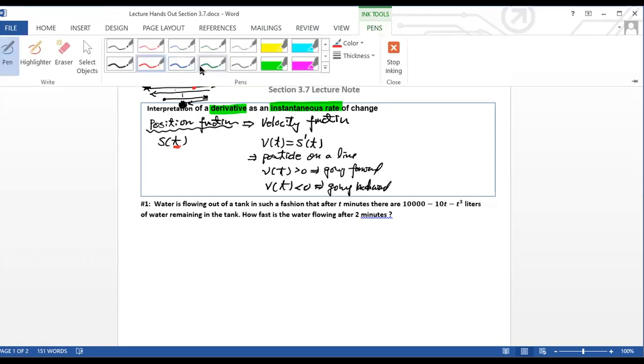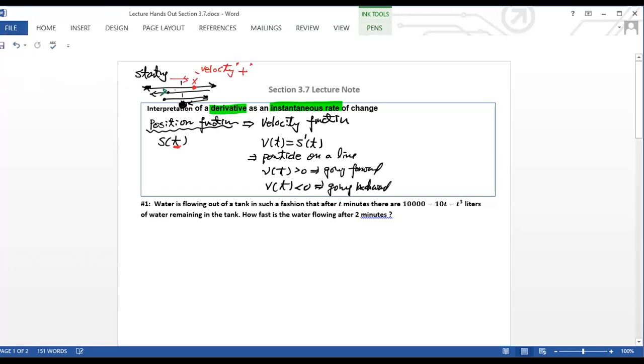If you look at your speed here, you will get a negative velocity. So that's the value of the negative velocity. That's what the velocity function is: a change in location, so it's an instantaneous change.